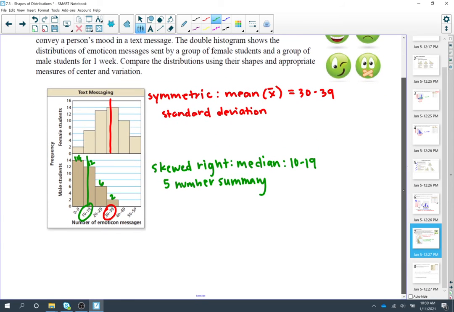So if we're looking on average or typical value, females are sending on average 30 to 39 emoticons a week. Males are sending 10 to 19 emoticons a week.